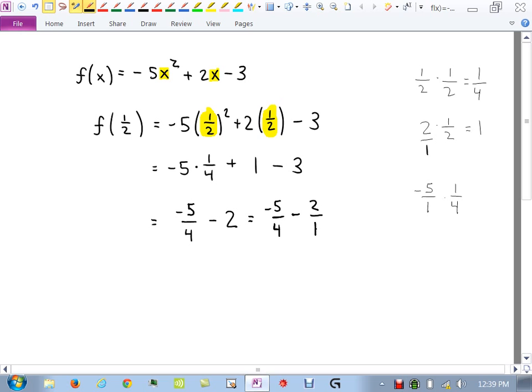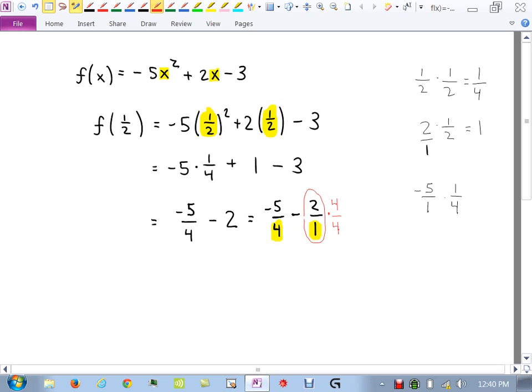Now addition and subtraction of fractions, you need the common denominator. We're going to do quite a bit of this today. I need my denominators to be the same. So I look for an LCD, which is 4, and that means I will have to multiply the top and the bottom of the 2 over 1 by 4. Just that fraction; I'm not messing with anything else.